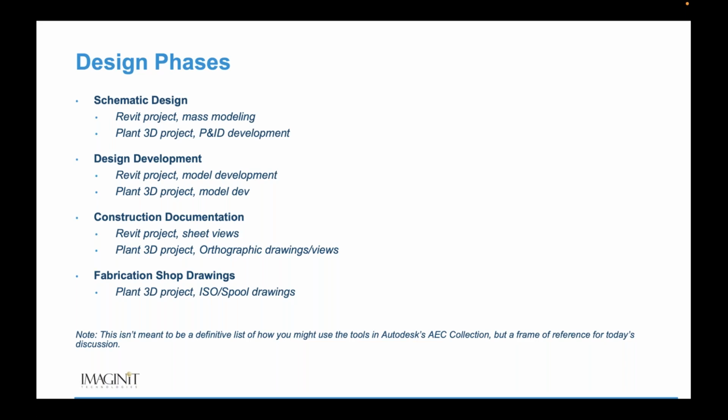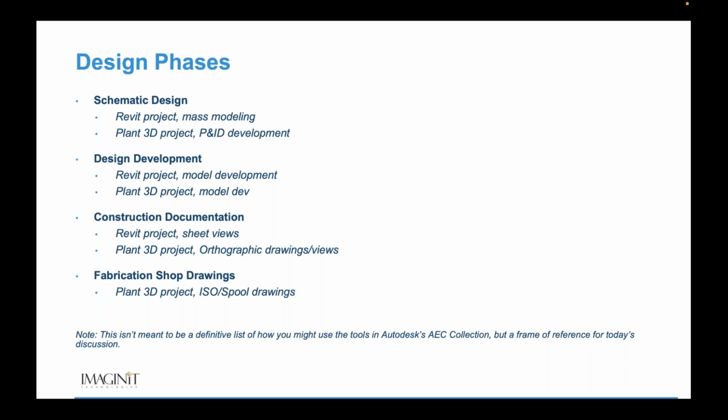At the design development phase, we're talking about the model development of both the Revit project and the Plant 3D project. But at this phase, we're really looking at how we plan to fit or shoehorn the systems that we identified during that previous schematic phase into the space that we're allocated.